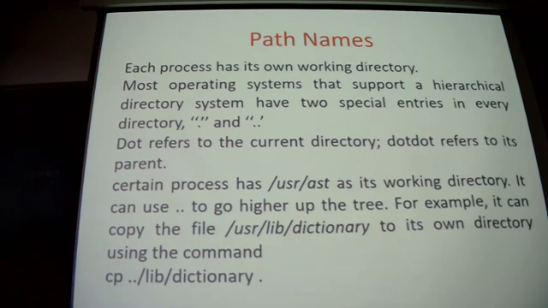So we can get that the current directory is USR AST. So it means copy the files in lab into AST. So we can replace this dot by using USR AST.